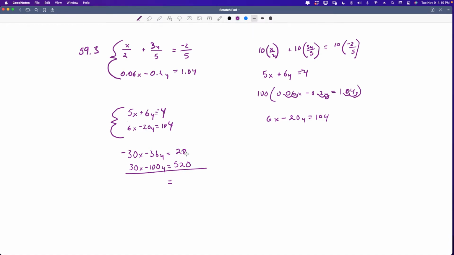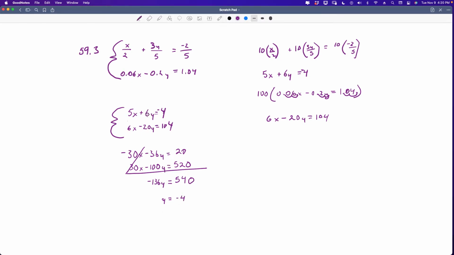So check your work whenever you do that. Sometimes that's going to make the difference when getting it wrong and right. So that's going to be 540. This is going to be -136y. And these are going to cancel. So when we divide both sides by -136, y is equal to -4.